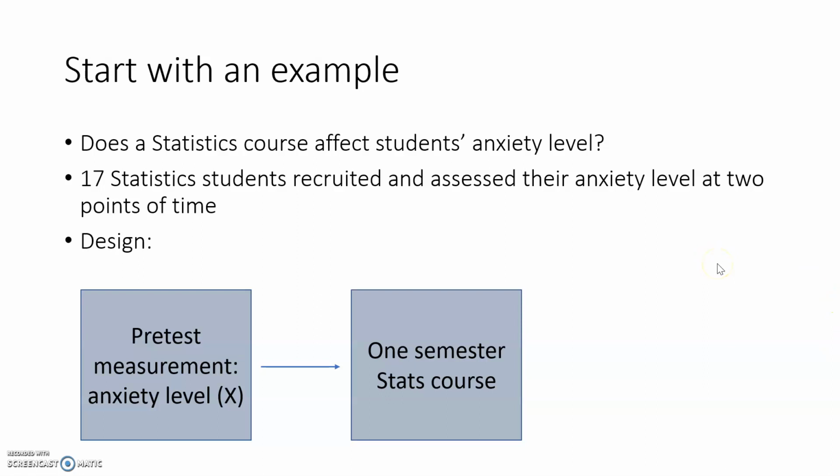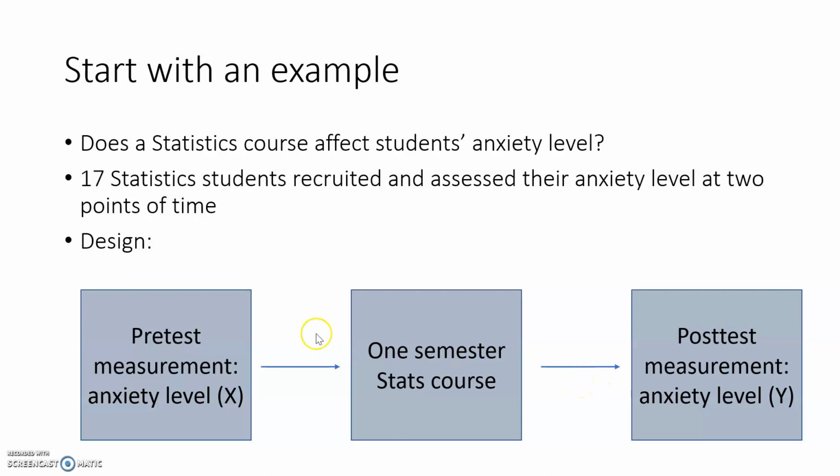I'm gonna have this one semester, 16-week stats course, okay? And after this 16 weeks of torture, I'm gonna have the post test. So I'm gonna measure these 17 students' anxiety level again. And this time I'm gonna use the letter Y to represent the results for this post-test measurement. Okay.